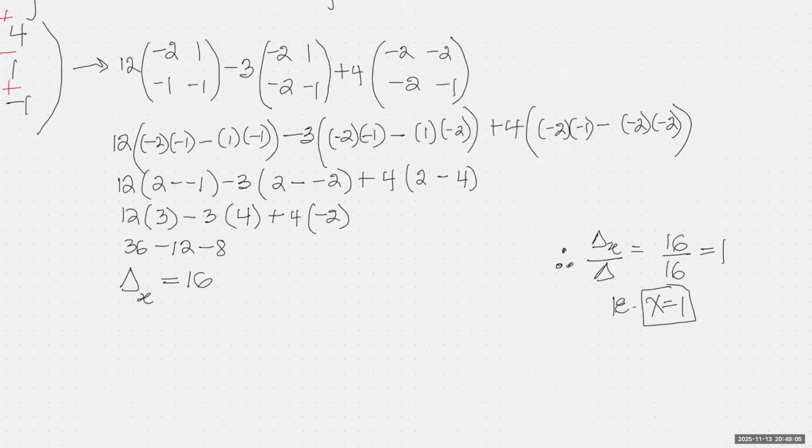The overall determinant is going to be used to divide all of the others. So you have to calculate all the determinants correctly. If not, your answers are going to be off.